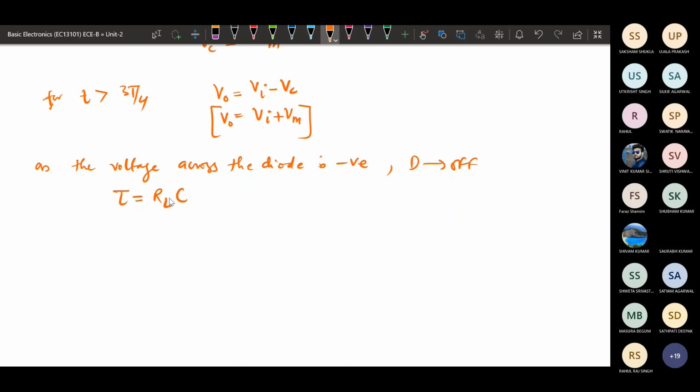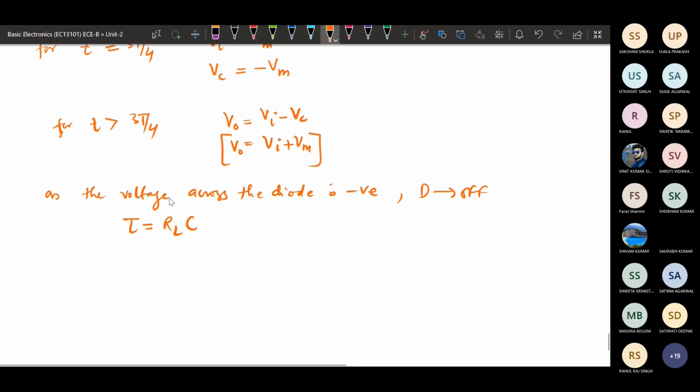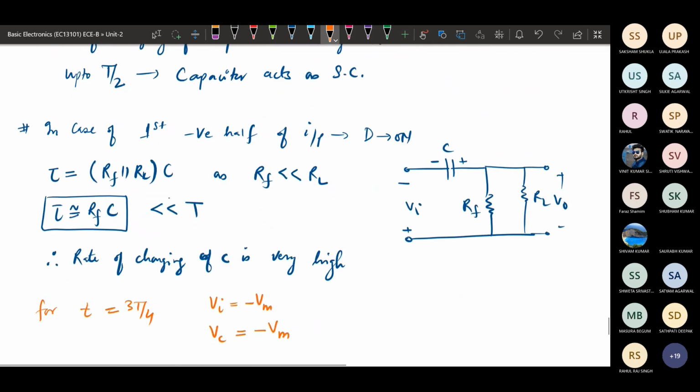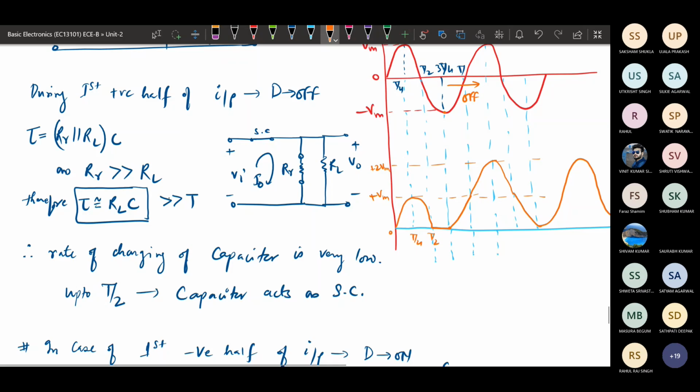So here when the diode is off beyond 3T by 4 time period, the tau we can calculate is RL into C. So RL into C will be very much greater than T. Now onwards, as the time period is greater than T by 4, the rate of discharging, so discharging will occur because the capacitor has charged.